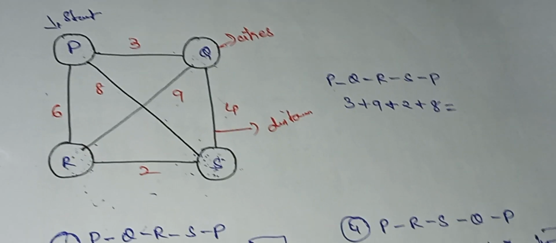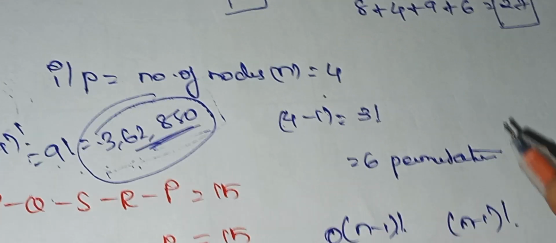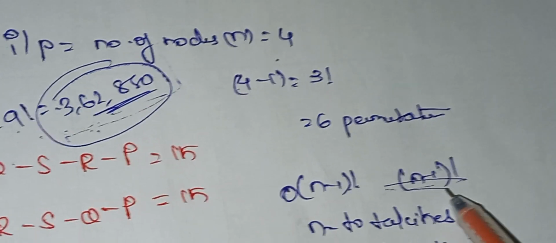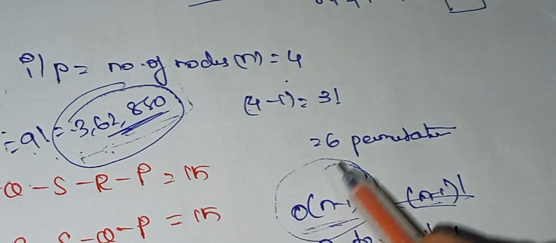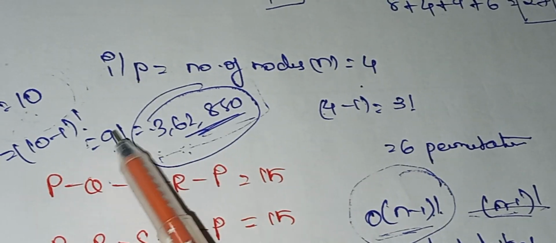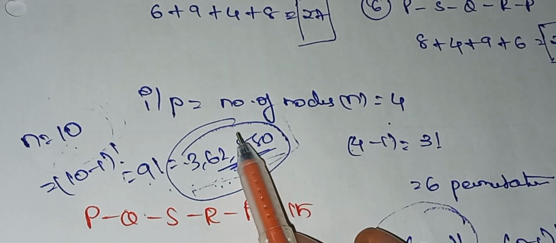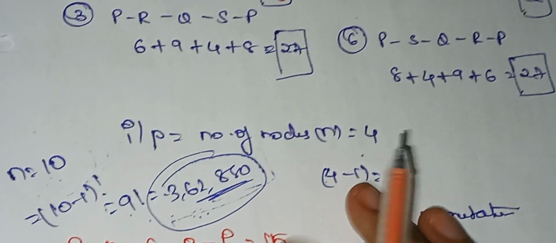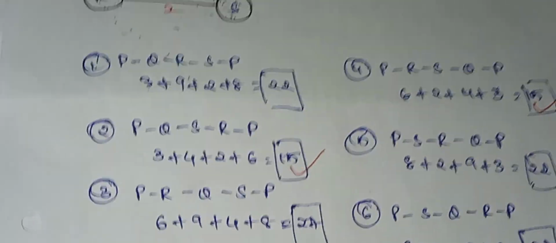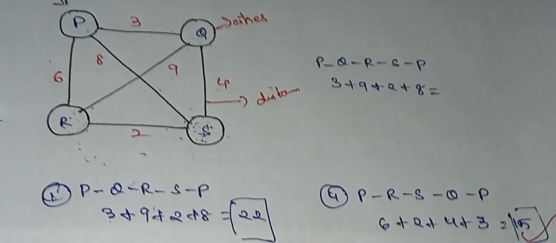The time complexity of TSP is order of n minus 1 factorial, and this is only practical for smaller inputs. As the input range keeps on increasing, it becomes impractical. Therefore the brute force approach is not applicable for the generation of optimal solutions. So for that, we'll be looking into the other approaches as discussed in the previous video. Thank you.